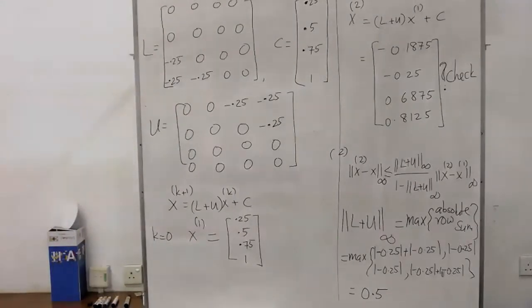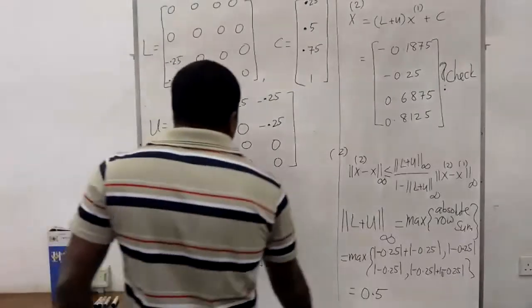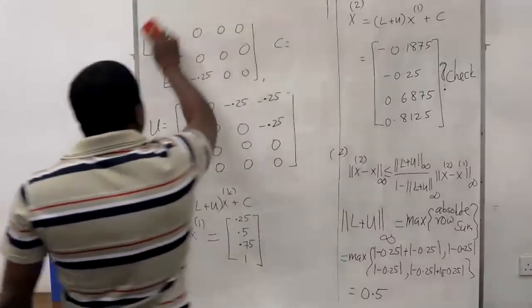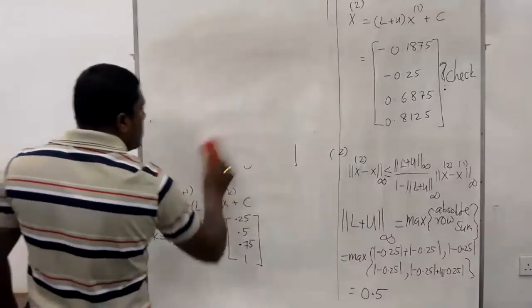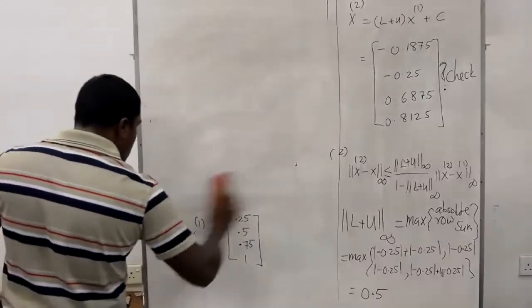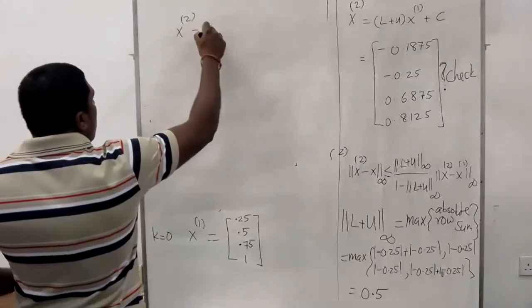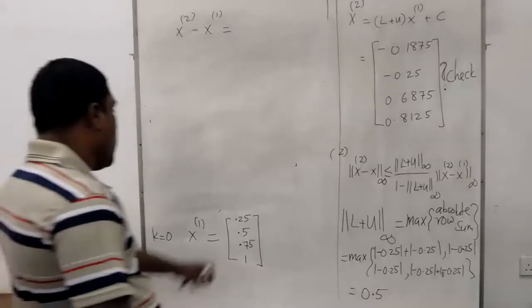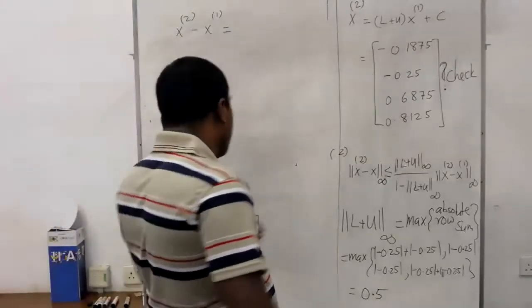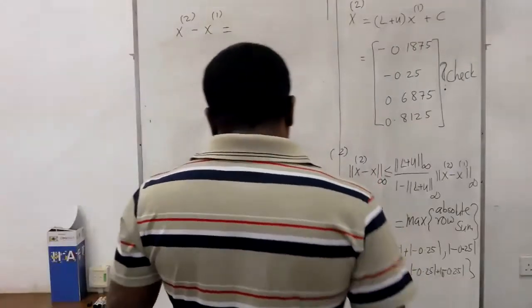Now you have to find the infinity norm of x2 minus x1. You have x2 here, you have x1 here, so you subtract one from the other and then you take the maximum among the absolute values of the components. You subtract x2 minus x1 or x1 minus x2, whichever way you can do.